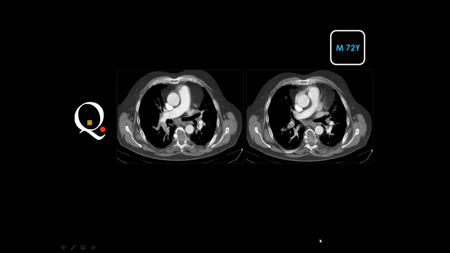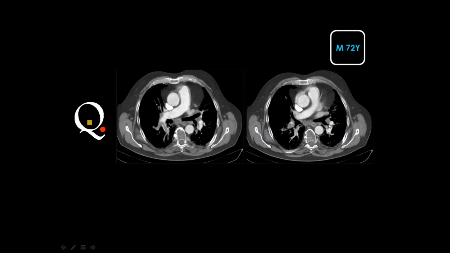Next case is a male, 72 years old, and these are some selected images from his CT scan. Yes, and this is pulmonary embolism, bilateral pulmonary embolism. You see the filling defects in the, let us say, second or third order branches.